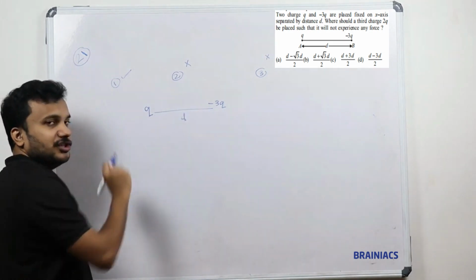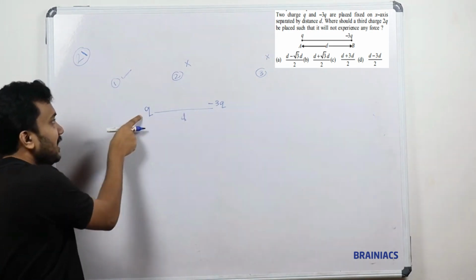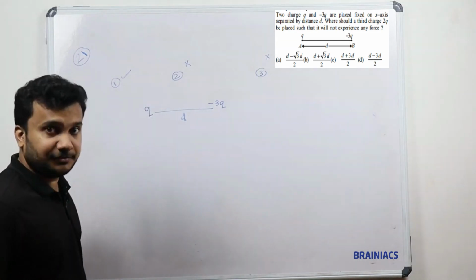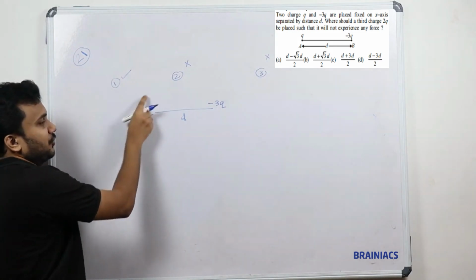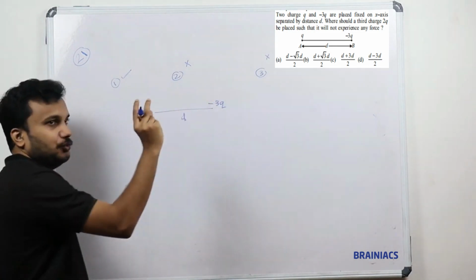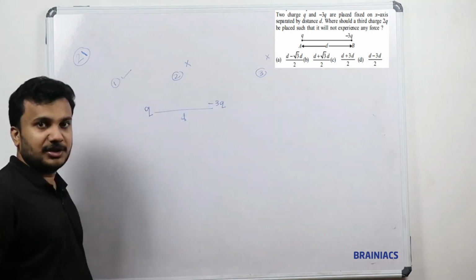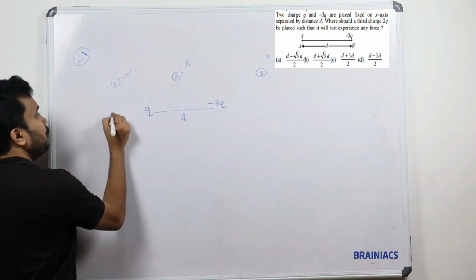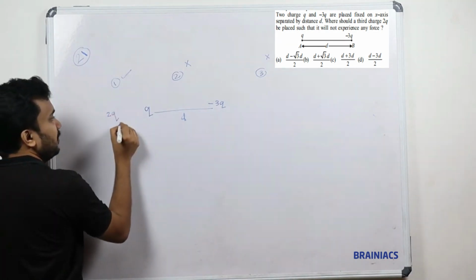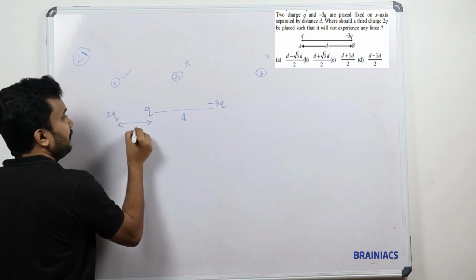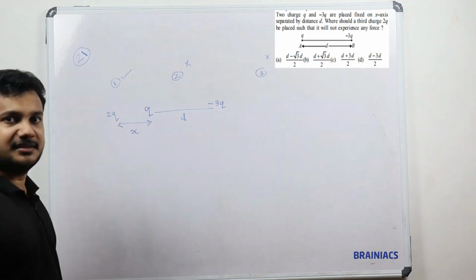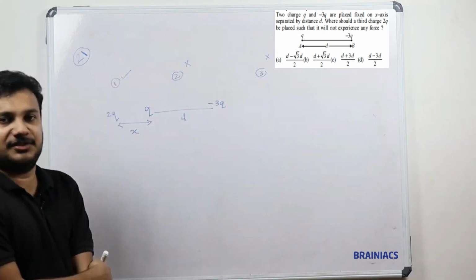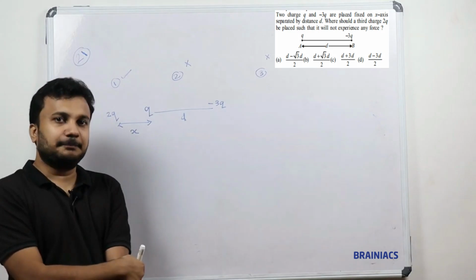If it is opposite charges, then the charge has to be placed to the left of the less magnitude charge. This is the less magnitude charge, Q compared to 3Q. Magnitude-wise this is 3Q, then this is Q. So the 2Q has to be placed left of that, somewhere here at a distance of x meter away. That is the intention. It should not be at the right side, it should not be at the middle. I discussed this while taking the theory sessions, right?